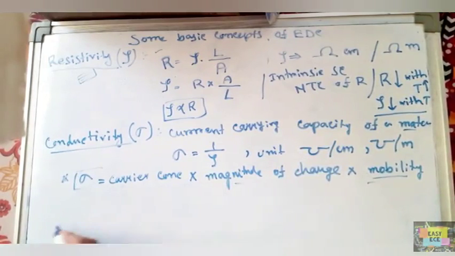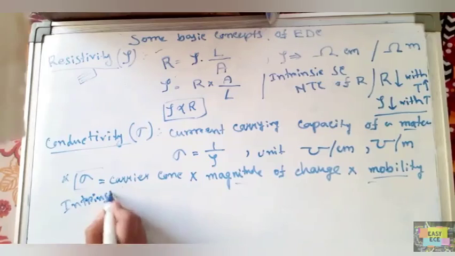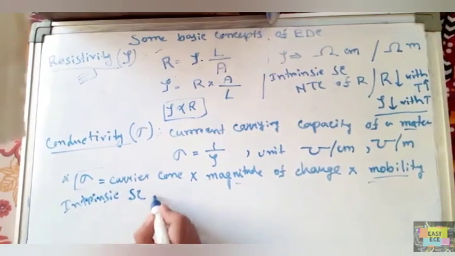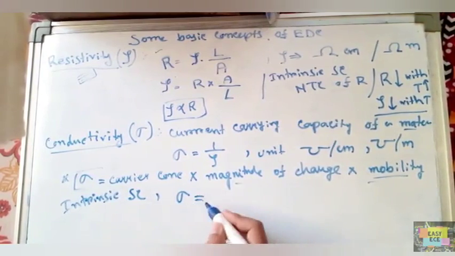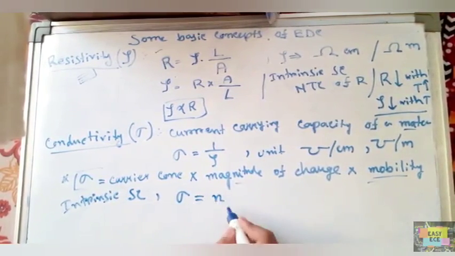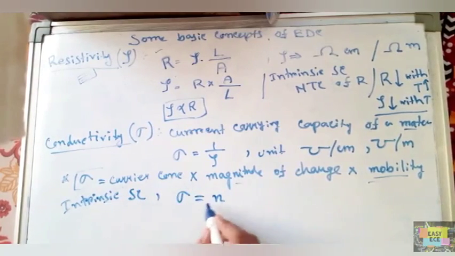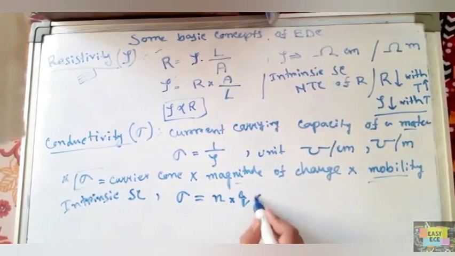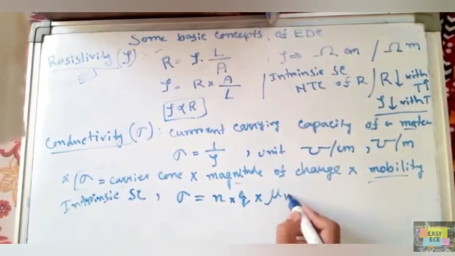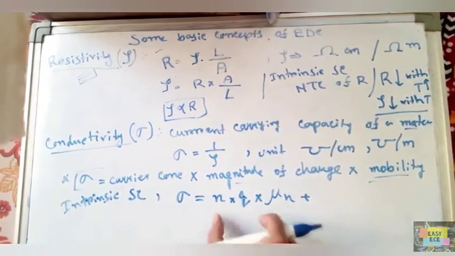Now for intrinsic semiconductor, this is the main point. In intrinsic semiconductor, conductivity sigma equals n, that is carrier concentration, first we consider the electron concentration n, into magnitude of charge q, into mobility mu n for electrons. Now in the material both electrons and holes are present.